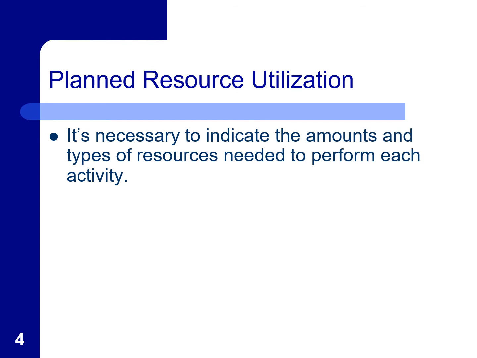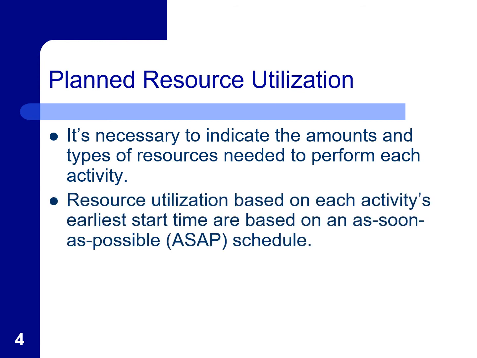Plan resources utilization. As you know, we need the resources to get our job done. So you need to indicate how much money or how many of the resources you need in order to perform each activity.